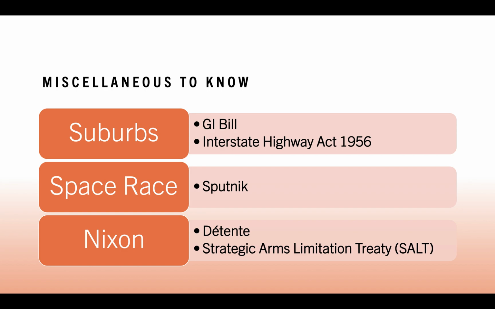One of the examples of this détente is the Strategic Arms Limitation Treaty. This is exactly what it says it is. SALT is an agreement between the United States and other Cold War countries that we would limit our arms. It's the opposite of the nuclear arms race, right?